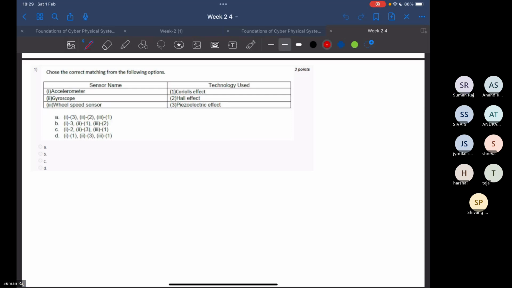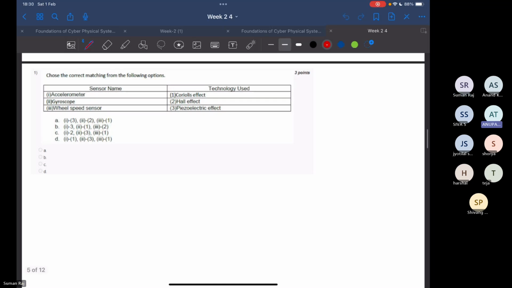But it's good that most of you are following the lectures and then coming to the session. Okay, Anupam, you can lower your hand. Just click on that again. It will go down. Good.